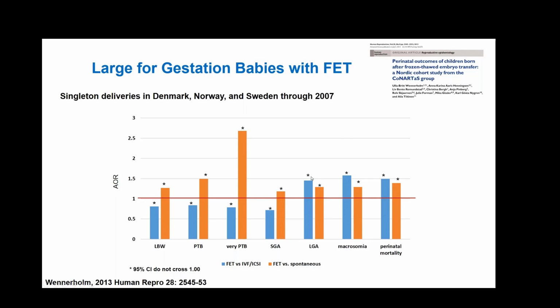So here, both the frozen versus fresh and the frozen versus spontaneous are higher. Perinatal mortality was also increased for the frozen embryo transfer cycles. In this case, these risks were increased both in relation to the fresh, again, and the spontaneous conceptions.